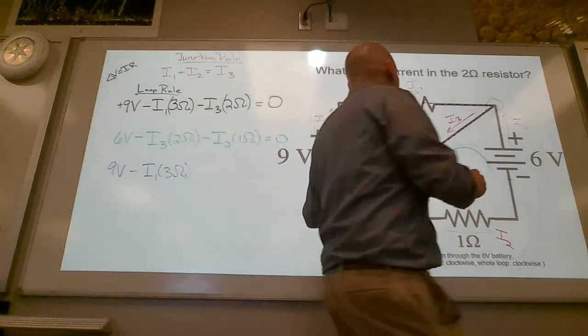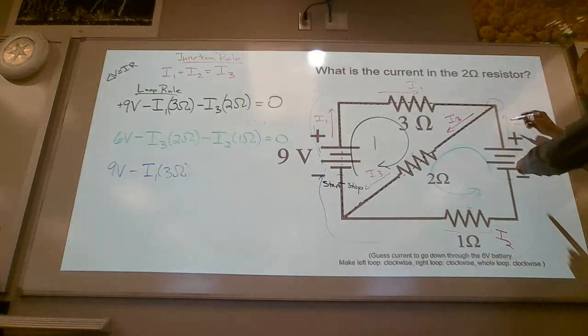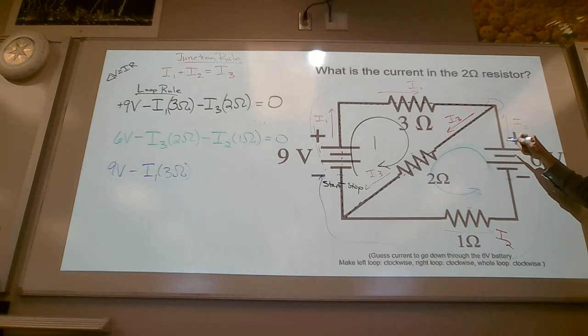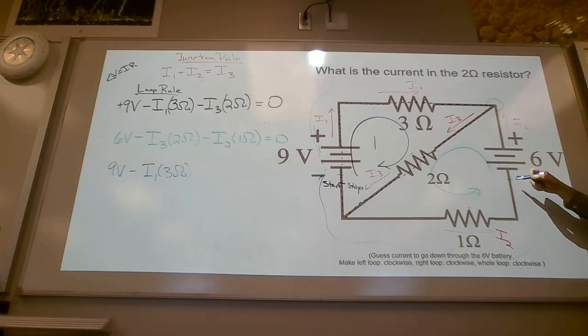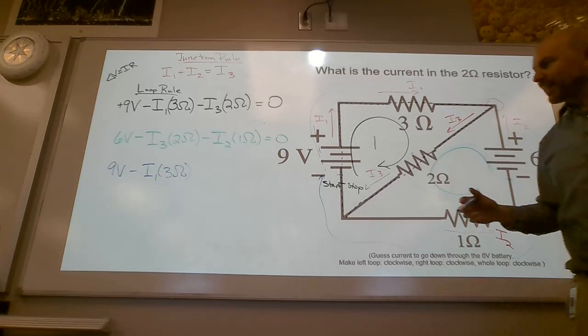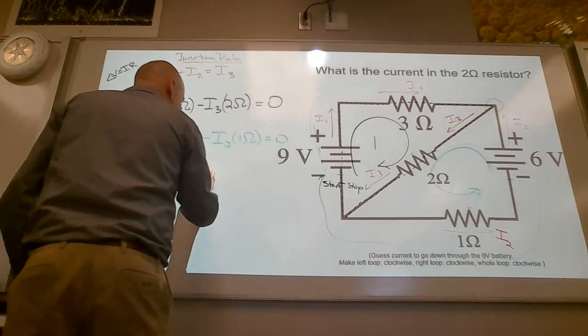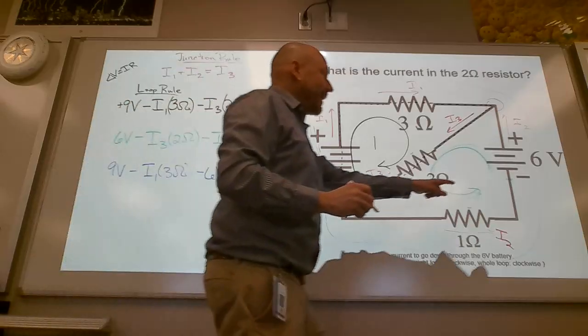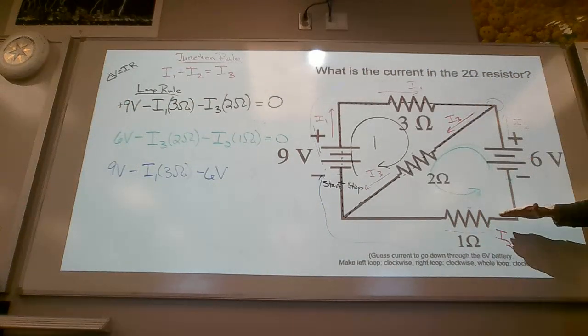Now, that brings us to here. I'm now traversing backwards across this battery, so this becomes a voltage drop. This is like climbing down the ladder upside down. So this is -6. And then here, this is like climbing up a slide.